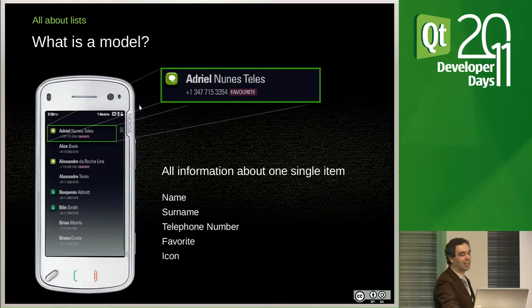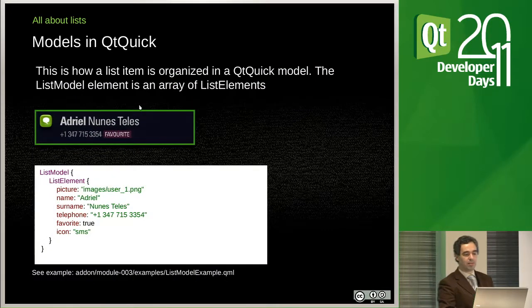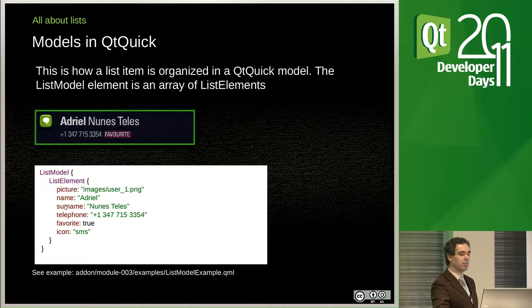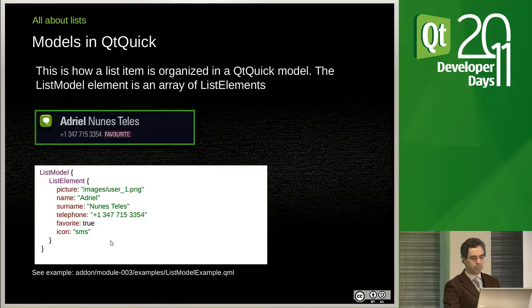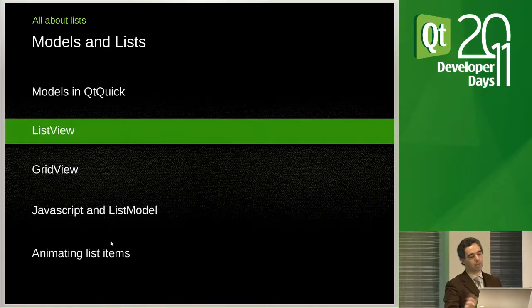Very simply, the model is the one individual item of a list. So a list model includes a list element, and the list element is this thing you see here. It has a picture, a name, a surname, telephone, favorite, an icon, and these are the things that go with it.